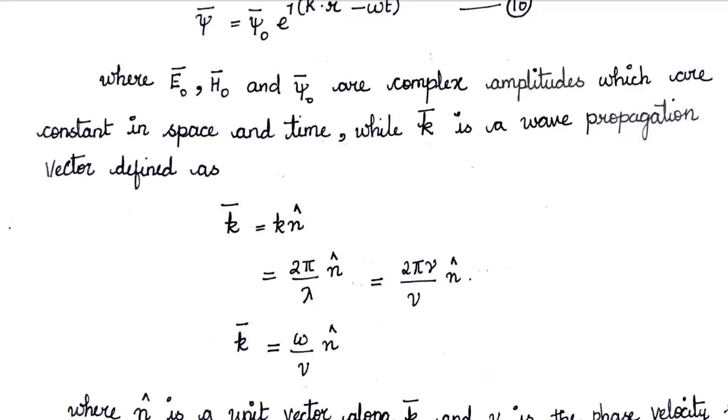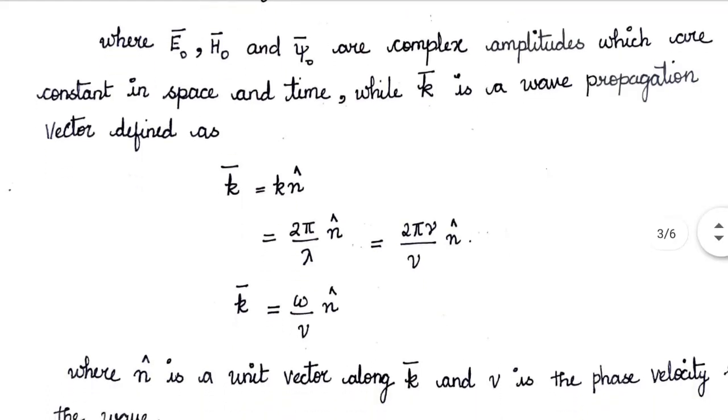We know an expression for the wavelength in terms of frequency and velocity. We know v is equal to nu lambda, so lambda is equal to v by nu. Substituting there, we get 2 pi nu by v into n cap.